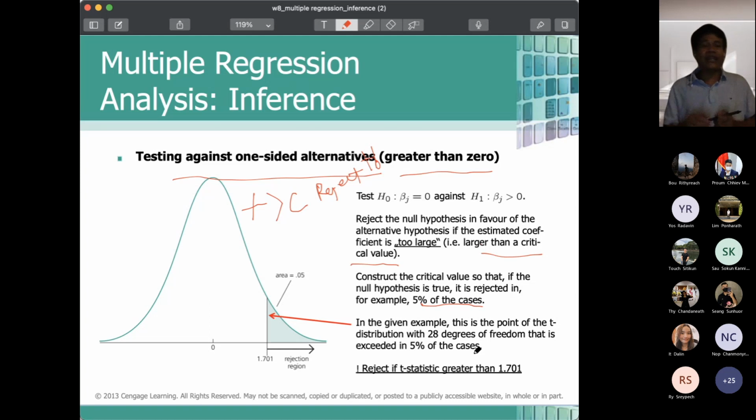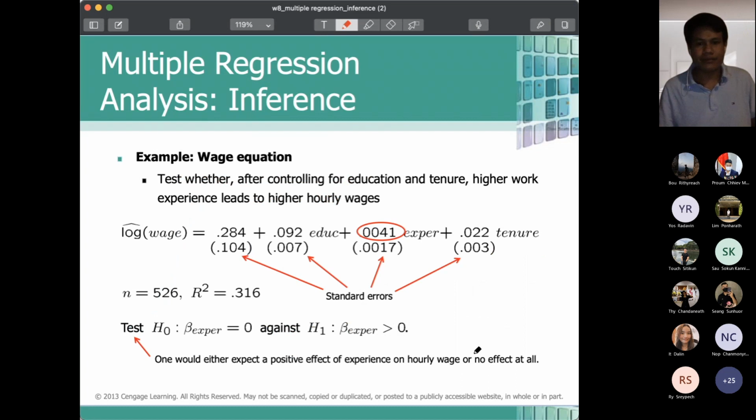Again, in order to understand this, let's move to the next example. Remember, we need the t value and the critical value to test our hypothesis. In this equation, we test whether, after controlling for education and tenure, higher work experience leads to a higher hourly wage or not.